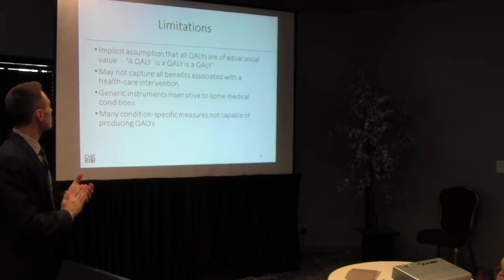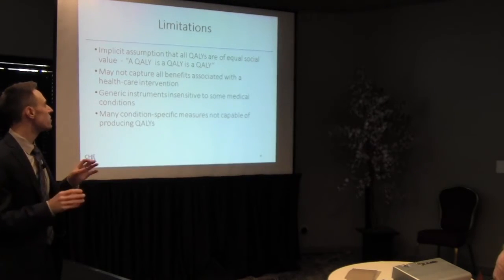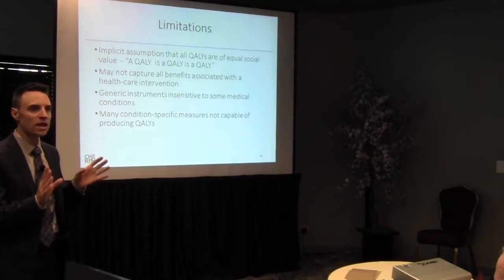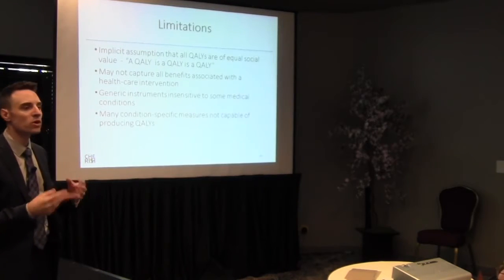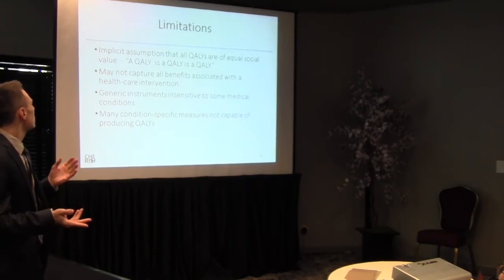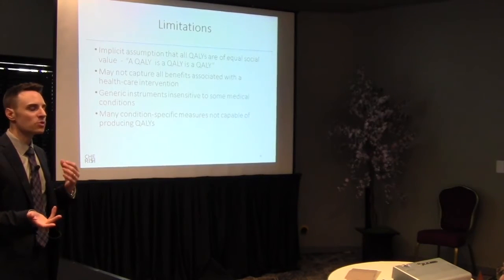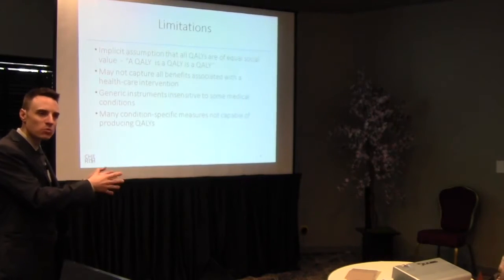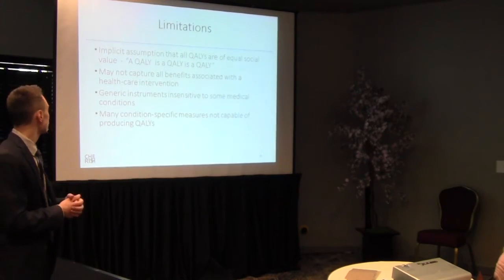So a few limitations. There's this assumption that all QALYs are of equal social value. There's this famous quote by Weinstein in his '88 Health Economics Journal article, that a QALY is a QALY. Well, that may not necessarily always be the case. And as we talked about, we may actually want to spend more on one population relative to another.